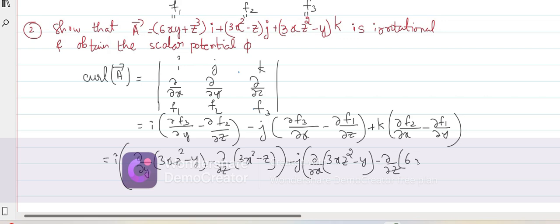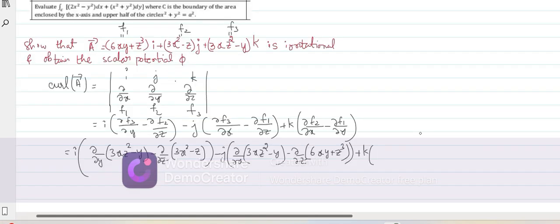It is 6xy plus z cube. Right? So plus k into the partial differentiation of f2.